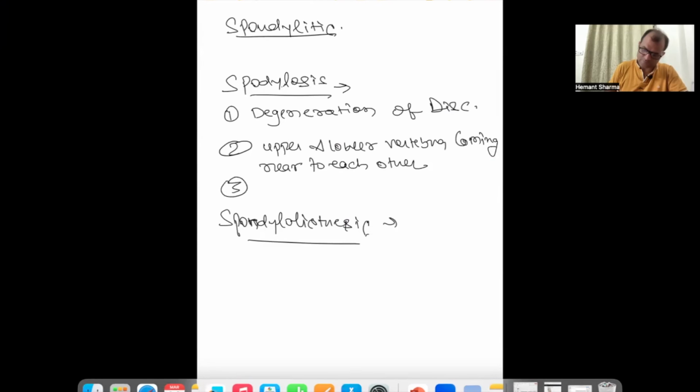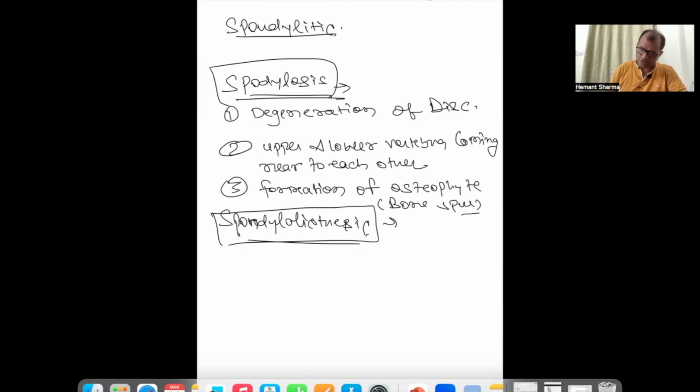Number three, formation of osteophyte, यानी बोन स्पर. So this is called spondylosis.